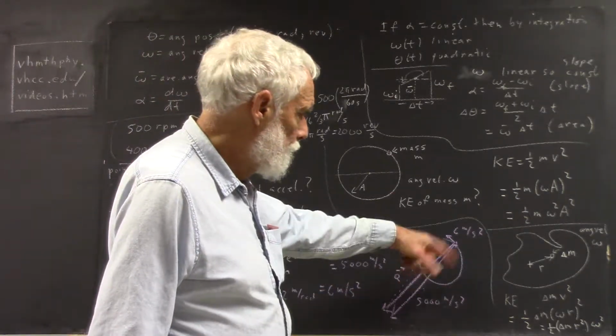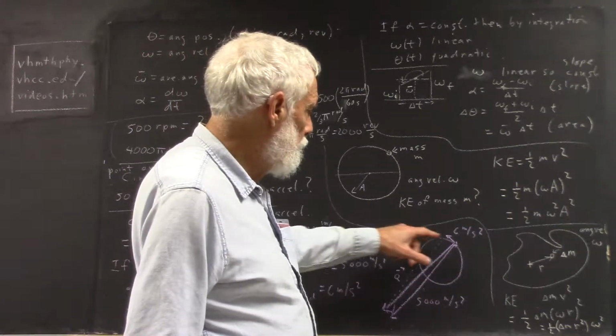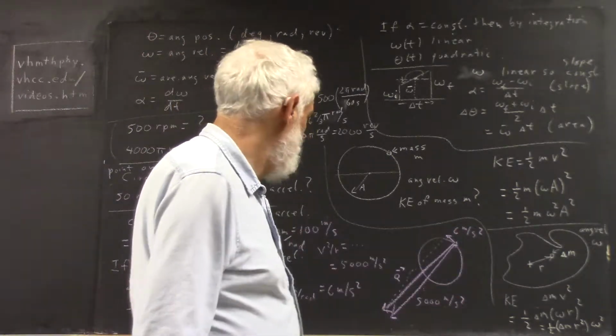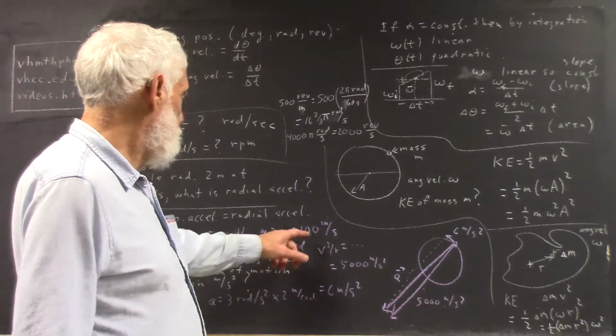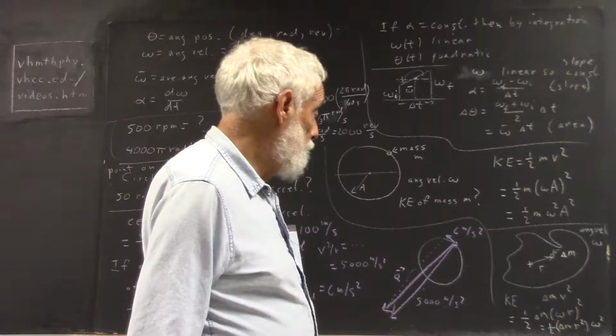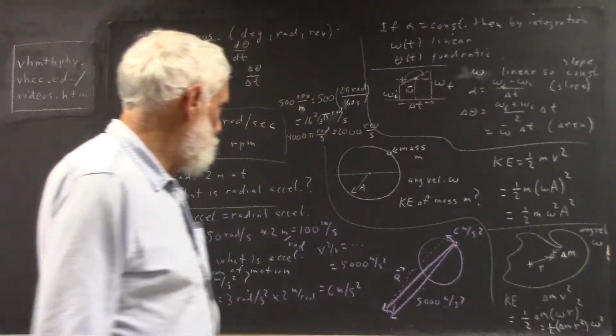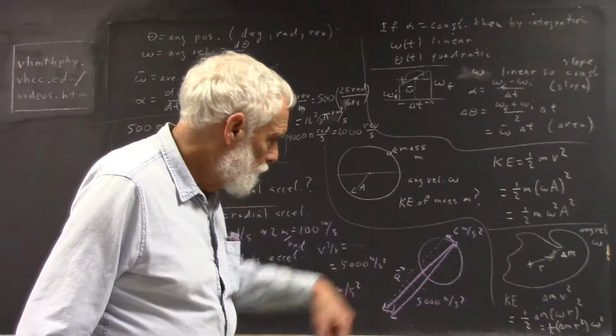Here's our circle. We're accelerating along here at 6 meters per second squared. We also have a velocity of 100 meters per second, but I didn't indicate that, I just indicated the acceleration. And then we have the resulting radial acceleration, 5,000 meters per second squared.